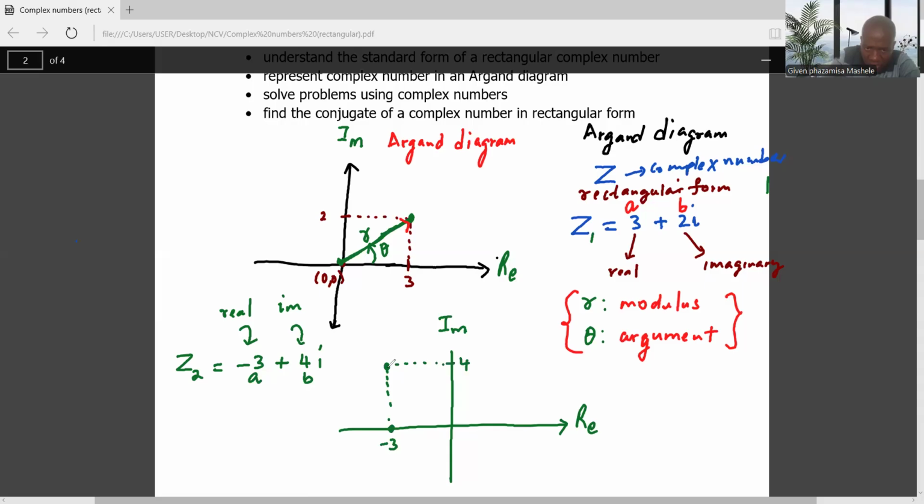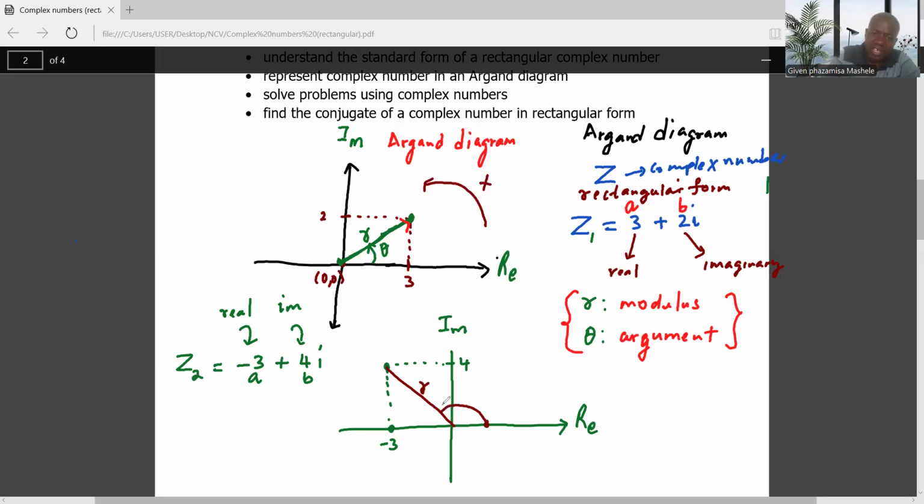This represents the modulus, the R. But how do we represent the angle? Remember, in mathematics, we always measure angles anti-clockwise if we want them to be positive. This is what you have learned under trigonometry. So from the real axis, we draw the angle, the argument actually.